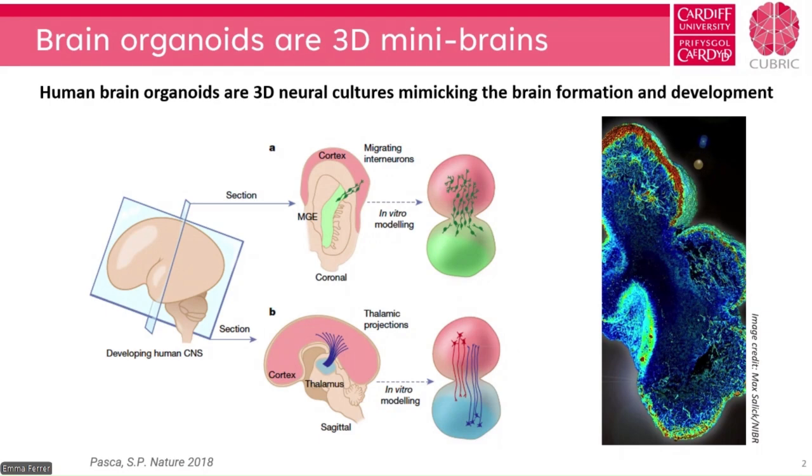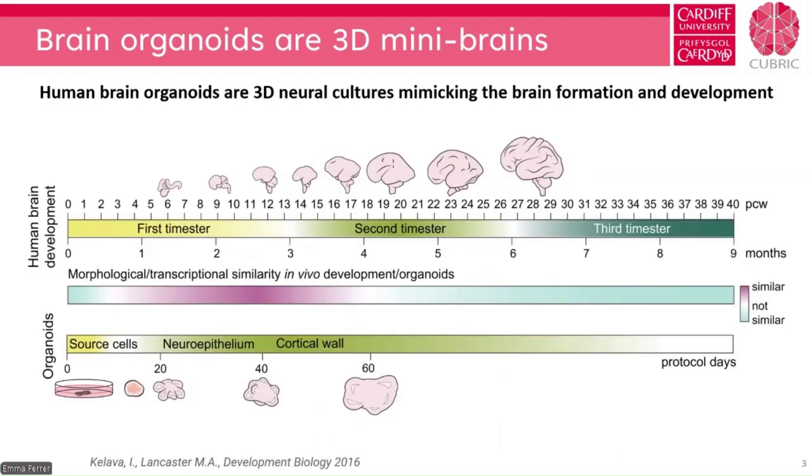In this case, it is possible to replicate the thalamic projections, again using this approach of 2 organoids connected together.